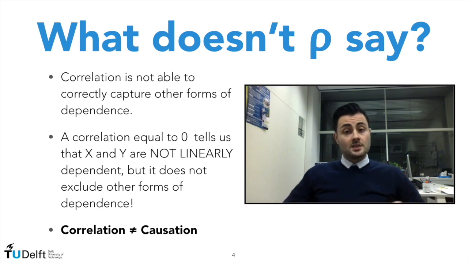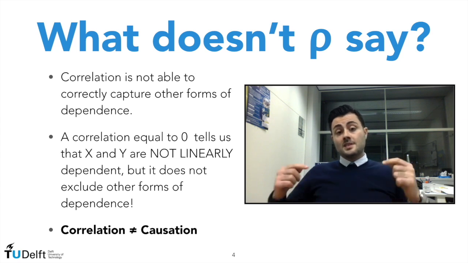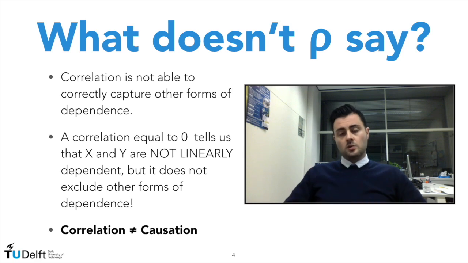Assume that x and y depend on a common factor that we call z. Z is what generates x and y, for example. But then what do we have? If we compute the correlation between x and y, because of the presence of z, we will find some relationship between the two. But x and y are not generating each other.